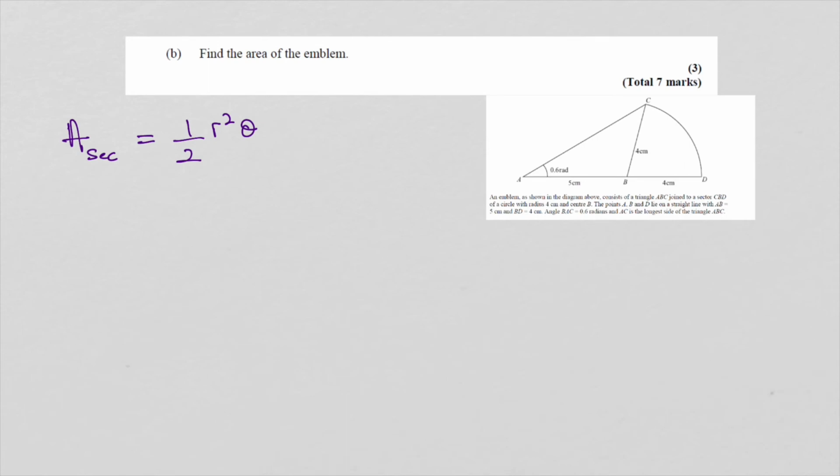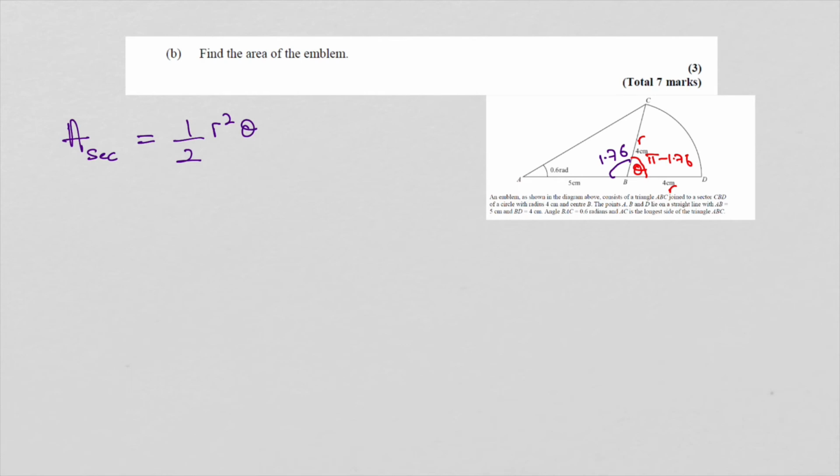This angle here is 1.76. Therefore, the angle here that we need is going to be pi minus 1.76. That's the angle there, because pi is the angle in a straight line. And so that will be theta. And r is the radius. So this is the radius and the radius.